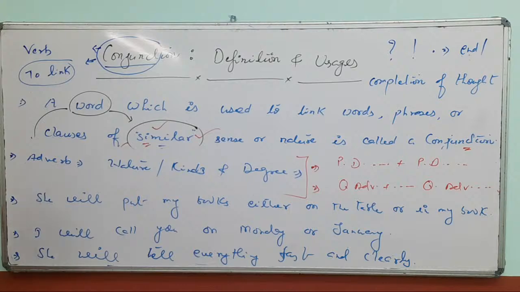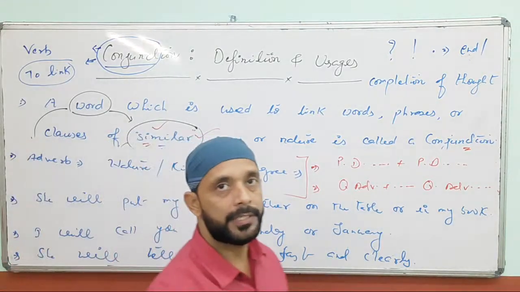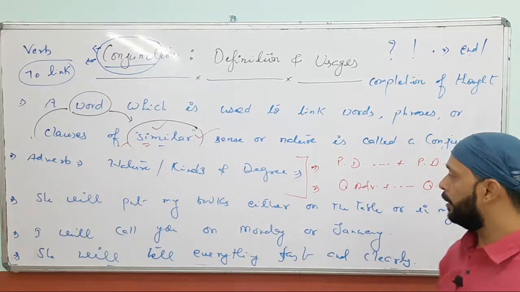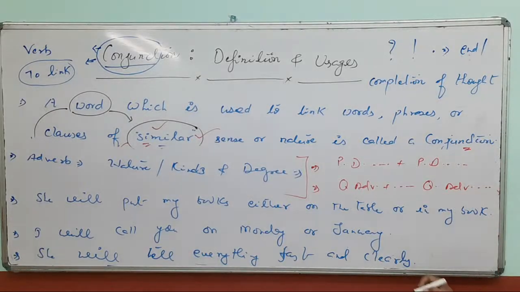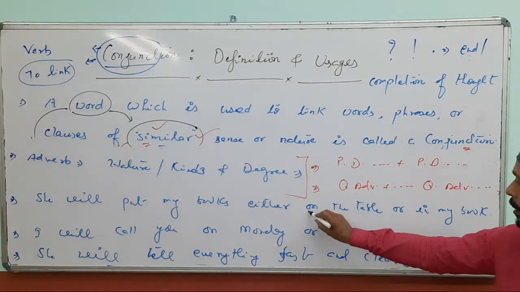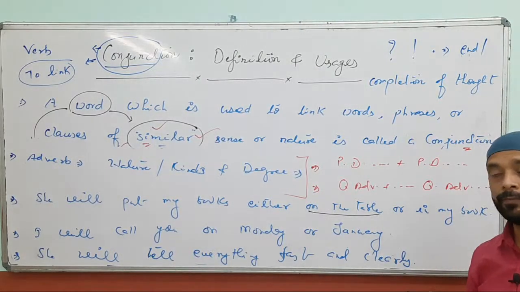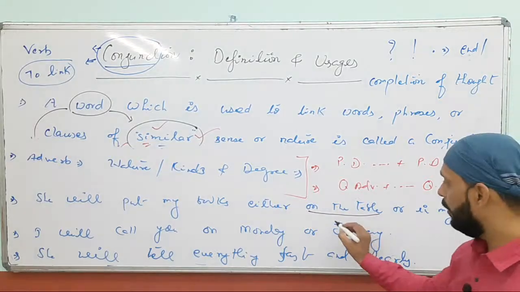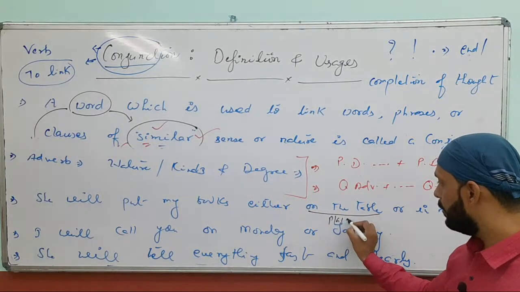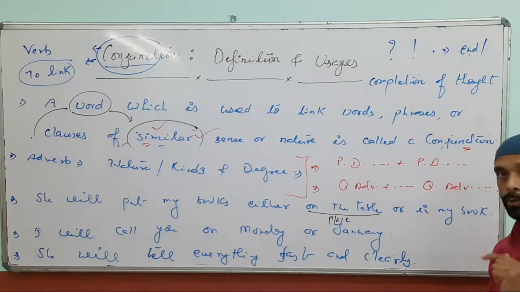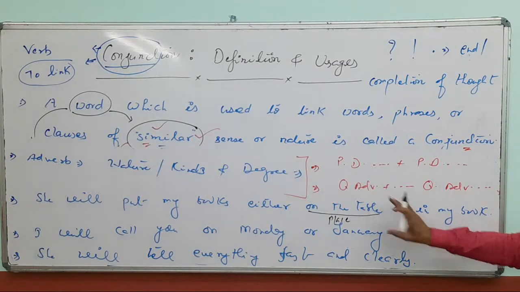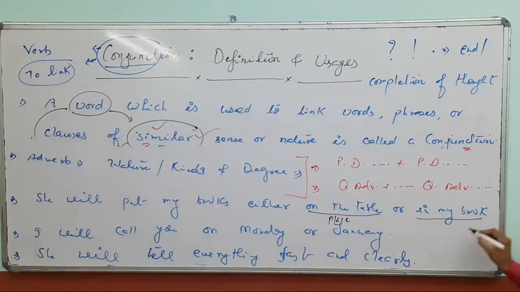Okay, so try to see these two examples. The first one I am trying to elaborate. You see, on the table. What is it? If you understand, it's a phrase, and the phrase is showing place. Try to understand. A phrase is linked with a phrase of the same nature. Place, and in my book is also place.